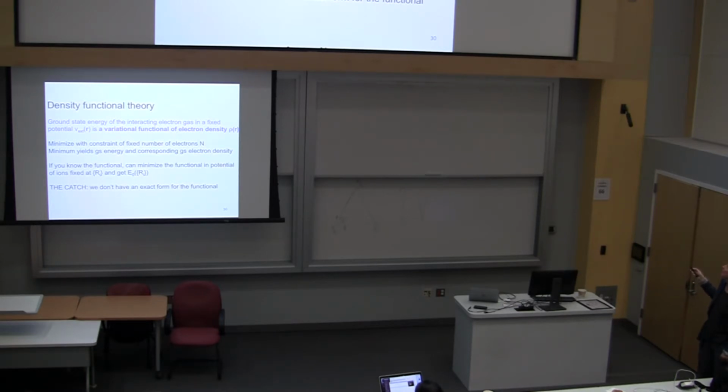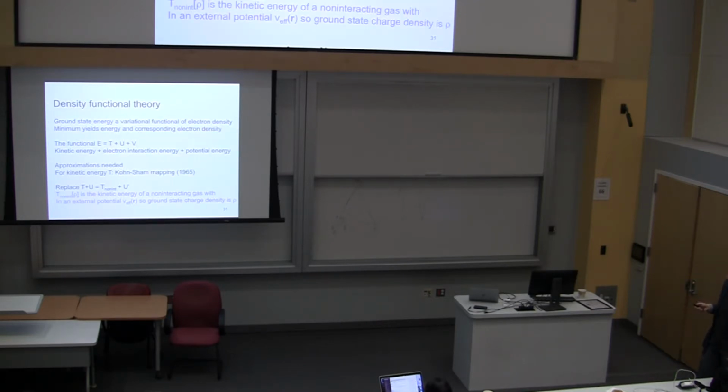And if you vary the electron density, the electron density that minimizes the functional would be the ground state electron density, and the value of the functional is the total energy. So that's the story there. The catch is we don't have an exact form for the functional. But there are very good approximate forms.